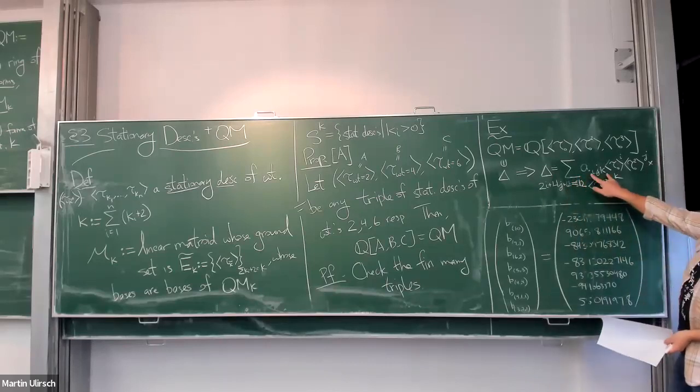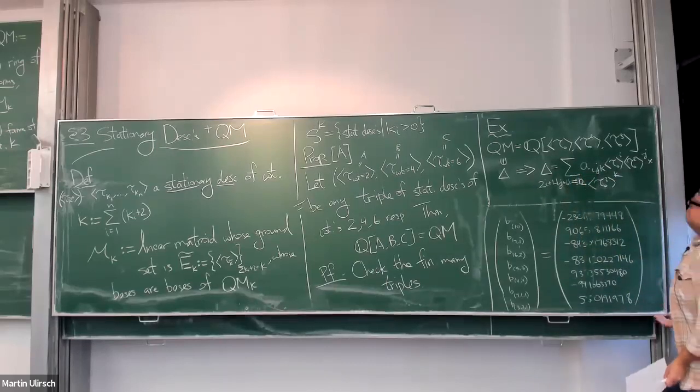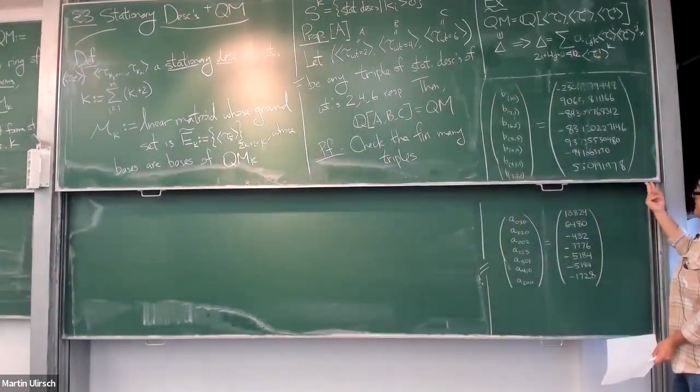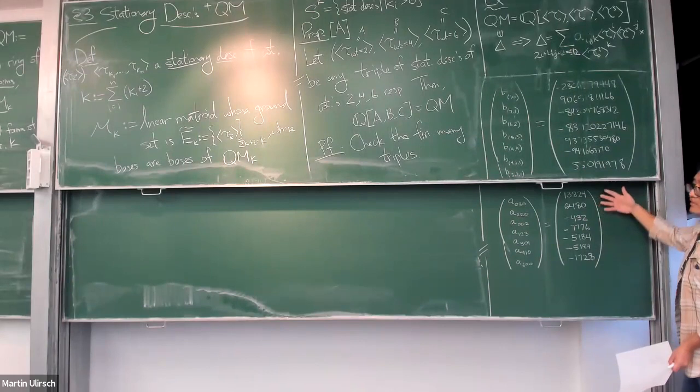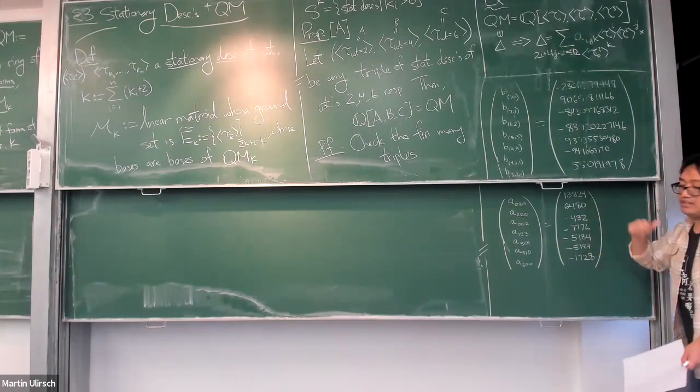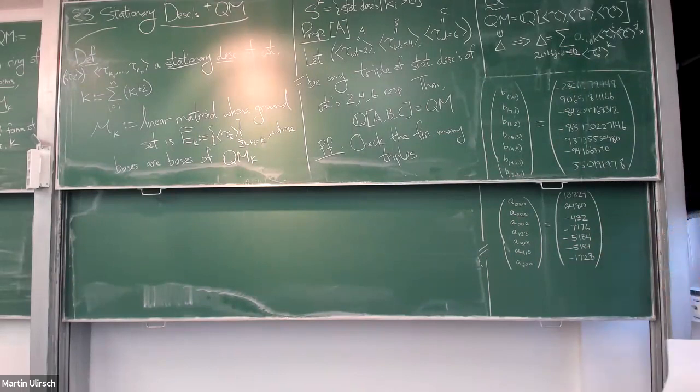Okay, and these a_ijk's, here they are. Yeah, it's nice. So in particular, this happens to be an integral linear combination in this case.